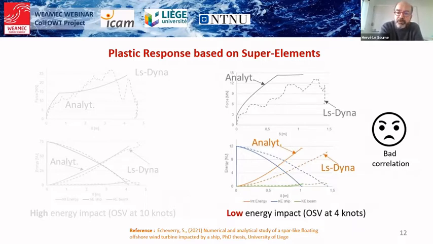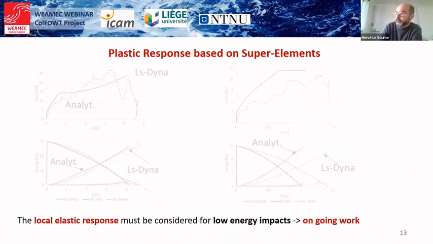So this is due to the fact that for low energy impacts, the elastic response of the tower cannot be neglected anymore. And thus, the local elastic response of the impacted section must be considered. So we are developing now the elastic response, and we are implementing it in the solver.